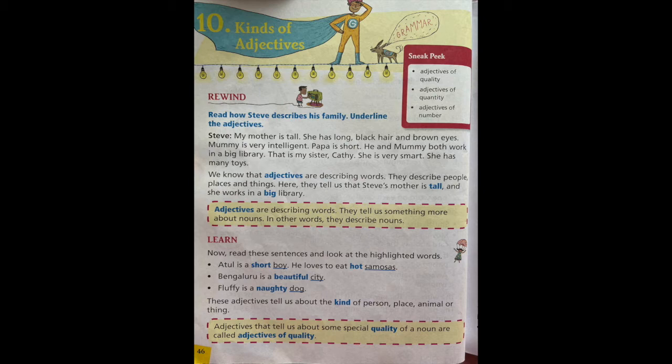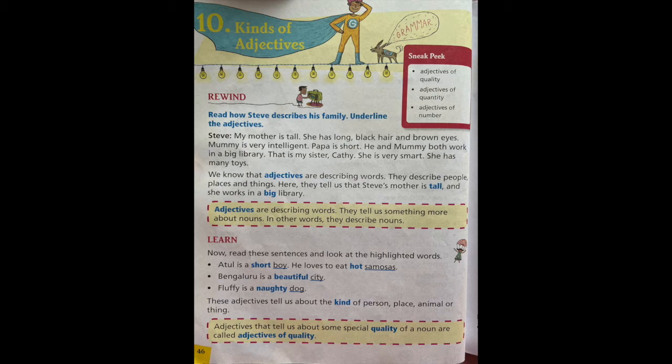Alright, in the yellow box there is a definition. Let's read that quickly. Adjectives that tell us about some special quality of a noun are called adjectives of quality. I hope you got it. They tell us about the quality of the noun.